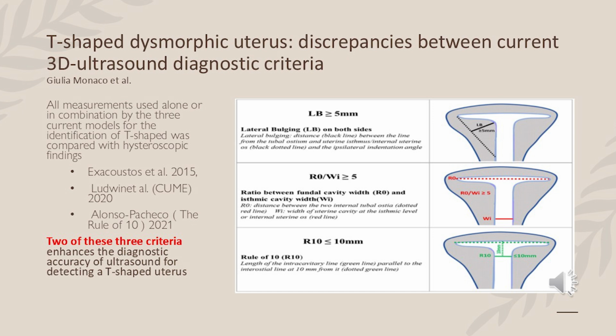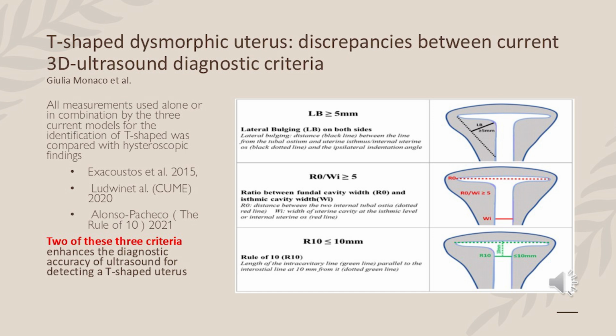In this, the author compared the measurements used in three diagnostic criteria, that is by Exacoustos, Ludwin CUME criteria and Alonso rule of 10, and he compared the measurements with that of hysteroscopy findings, which was considered gold standard, and he tried to analyze which of the measurement parameters had the highest correlation to hysteroscopic findings, and then he came up with three criteria, that is the lateral bulge, if it is more than 5 millimeters was considered significant, and the width of the uterine cavity at the level of interostia compared to that of the uterine cavity width at the level of isthmus.